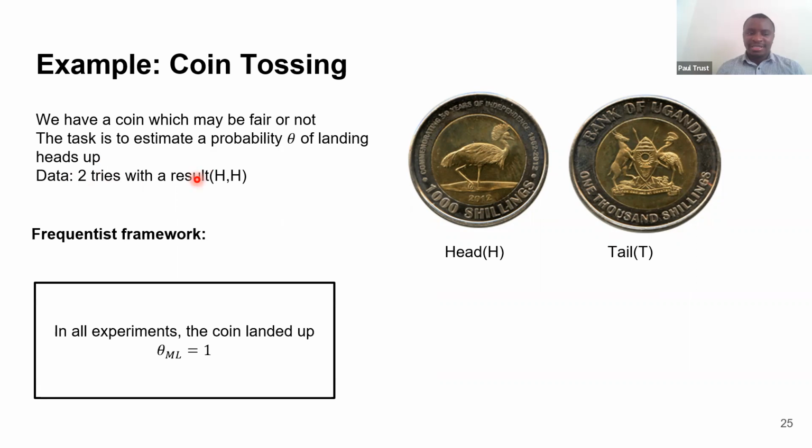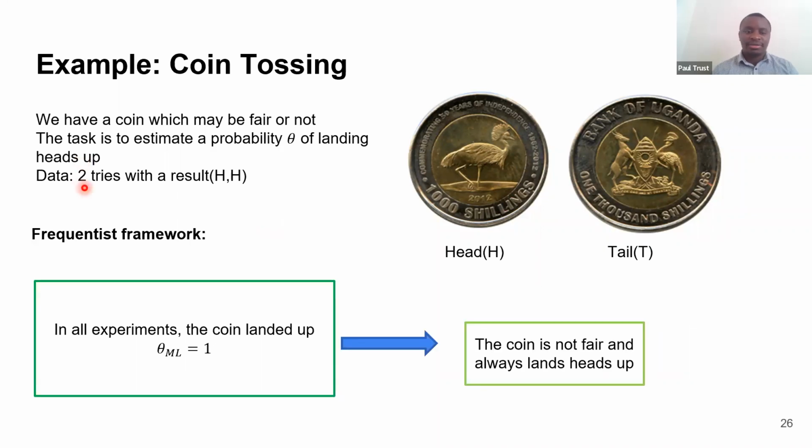What would the frequentist person say? The frequentist person will say, the probability of having a head is actually 1 out of 1. So that means if you're using this to inform policy, you would say that all coins are biased towards heads. This is not true, because we have only done 2 trials.